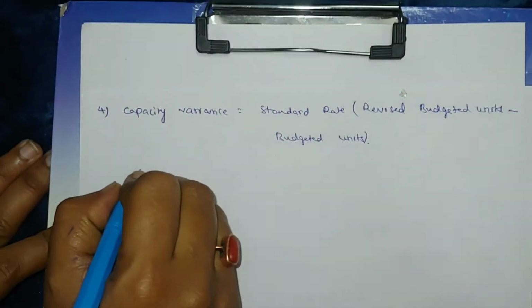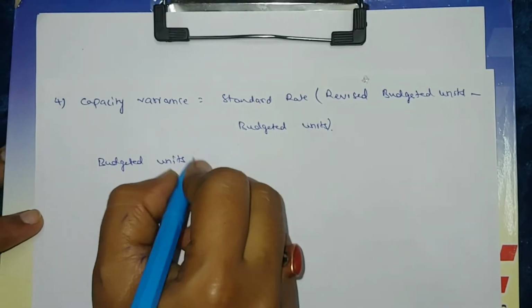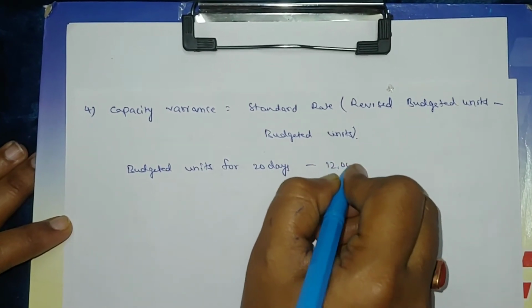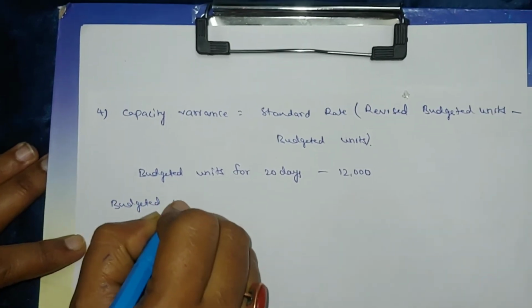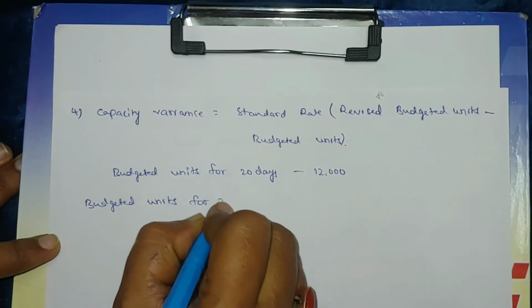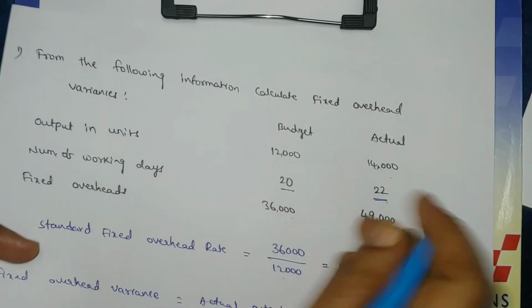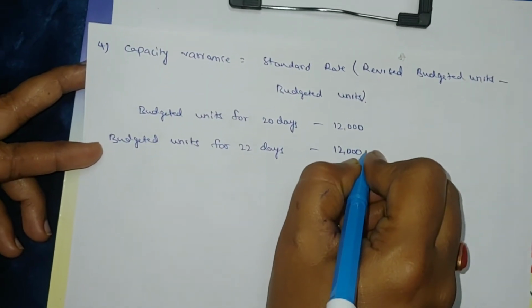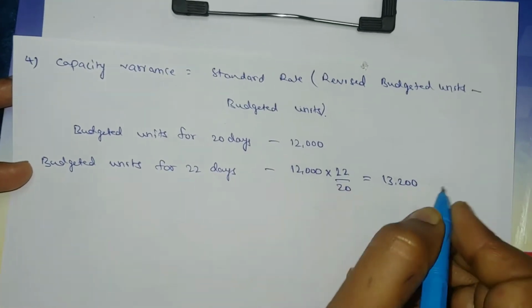In this problem, budgeted units for 20 days equal to 12,000. Budgeted units for 22 days. In this budgeted 20 days, we have to calculate for 22 days actual units. 12,000 into 22 divided by 20 equal to 13,200.